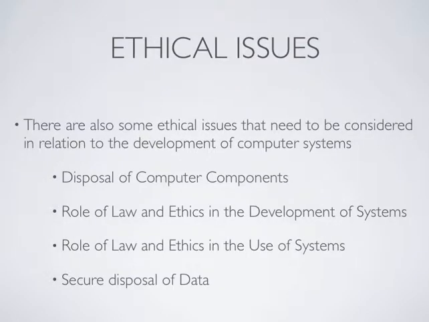We also have to look at the ethical issues. So the main ethical issue in developing information systems is the secure disposal of data. So for example, if you have an online shopping cart that you've implemented and you're storing everyone's credit card details to process transactions, you need to make sure that that data is disposed of securely. So you need to make sure that no one can go through your trash and find out that information.